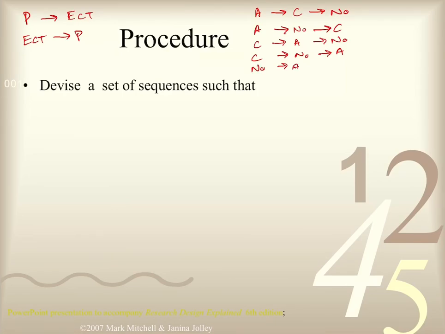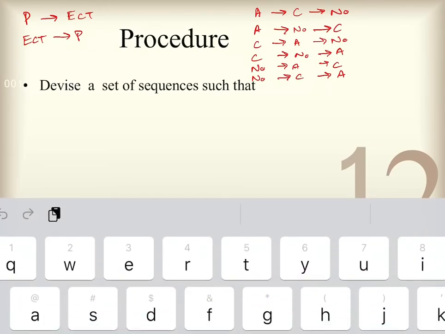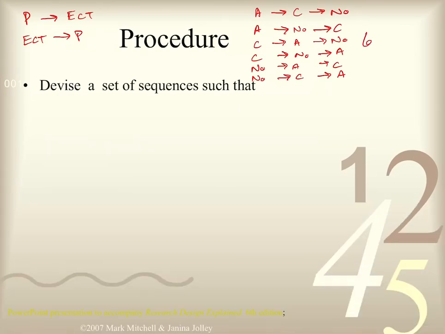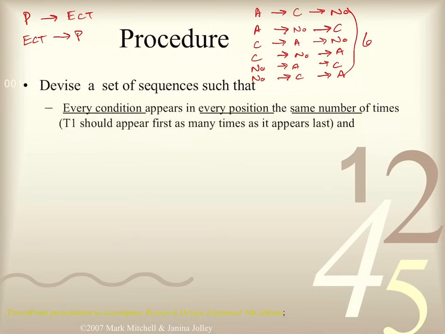And for the last two, we could do no impairment, alcohol, cell phone, and no impairment, cell phone, alcohol. These are 6 different ways that we could give people a sequence of conditions so that every condition appears in every position the same number of times.